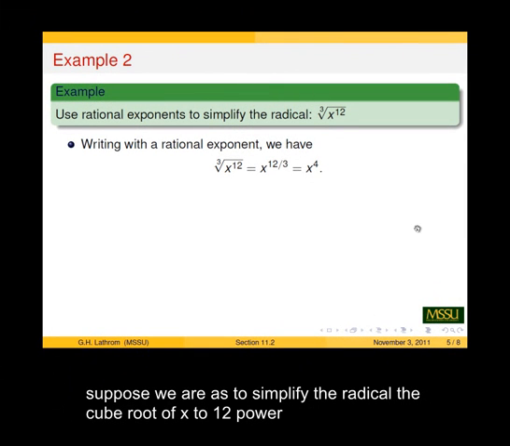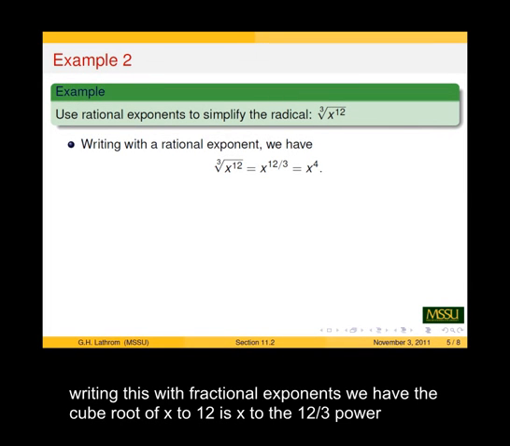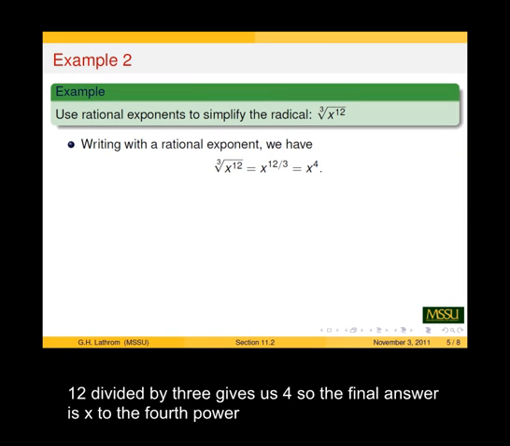Suppose we are asked to simplify the radical, the cube root of x to the 12th power. Rewriting this with rational exponents, the cube root of x to the 12th is x to the 12/3 power. 12 divided by 3 gives us x to the 4th power.